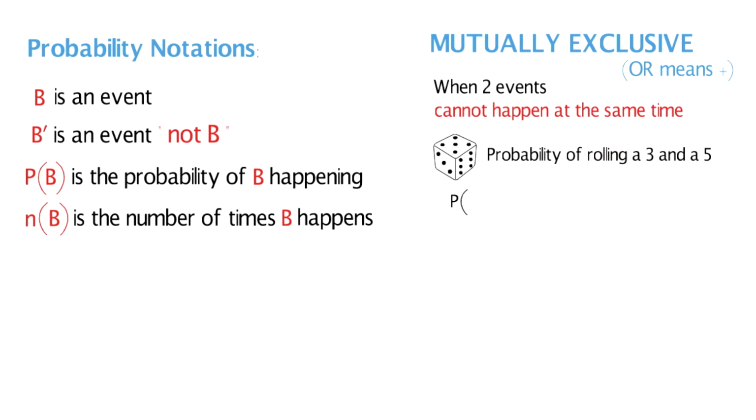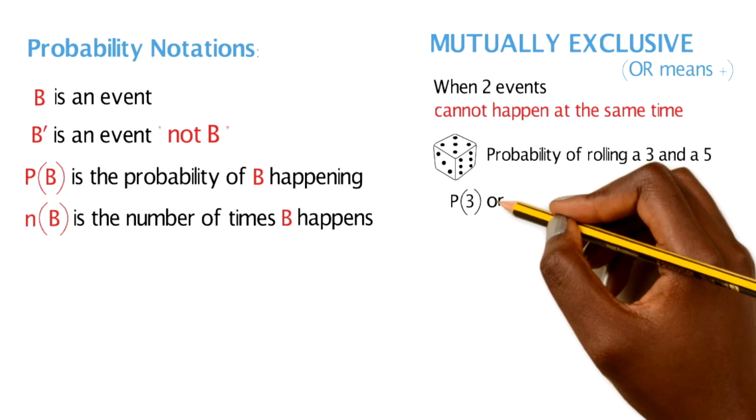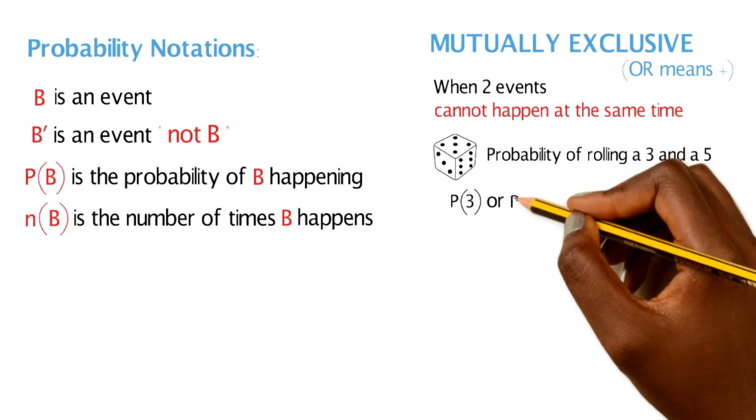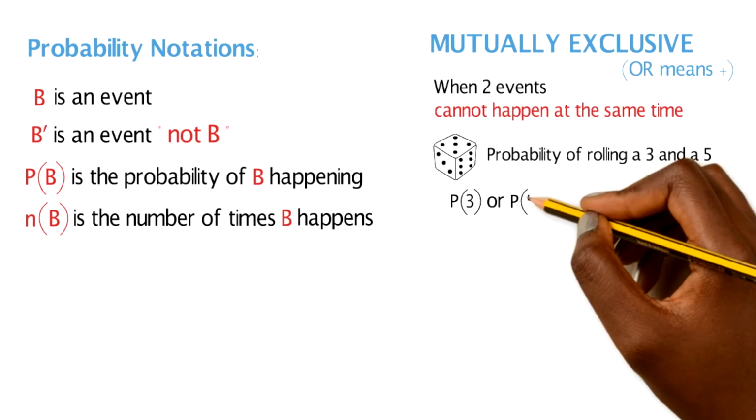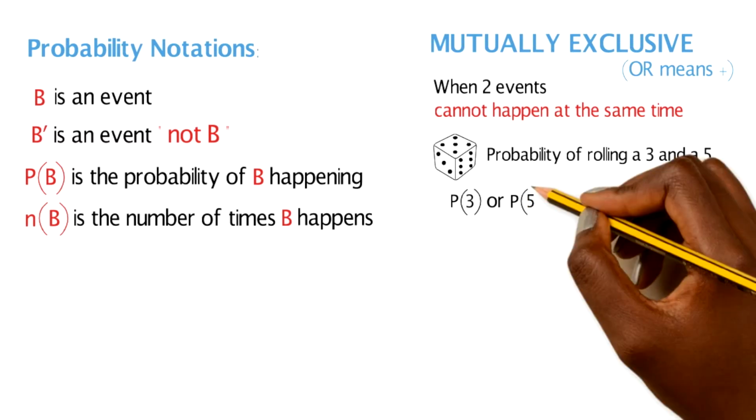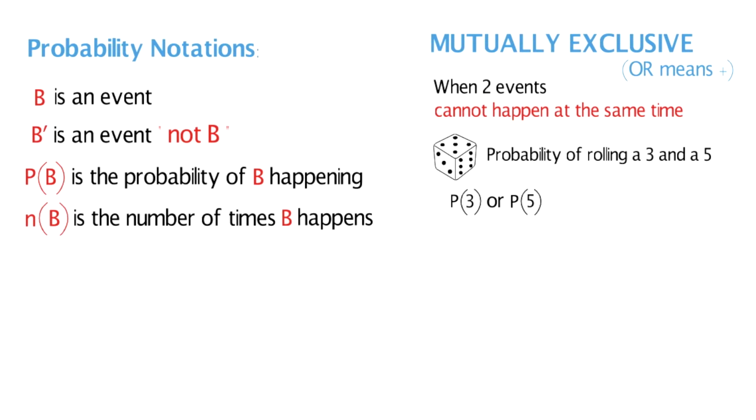So to work out their probabilities, you'd work out the probability of rolling a 3 first, then work out the probability of rolling a 5. Then you would add them together, because these two things cannot occur at the same time. So the whole point is that when you have two events that cannot happen at the same time, their probabilities are 'or', because it's either the probability of rolling a 3 or the probability of rolling a 5. And in this case, you add them together. So that's what I mean by 'or' means adding. So two events, or, you add.